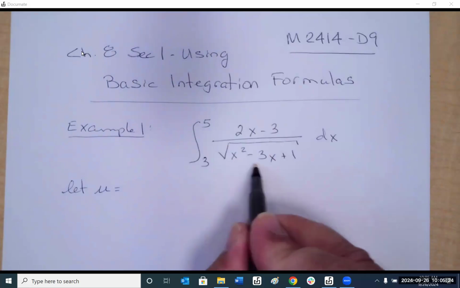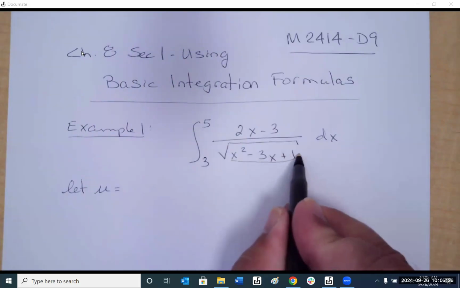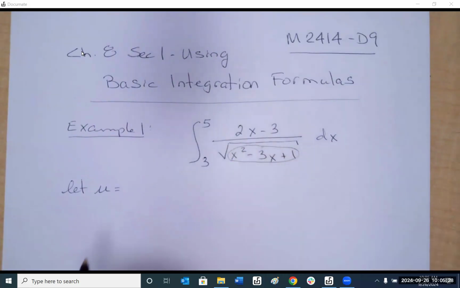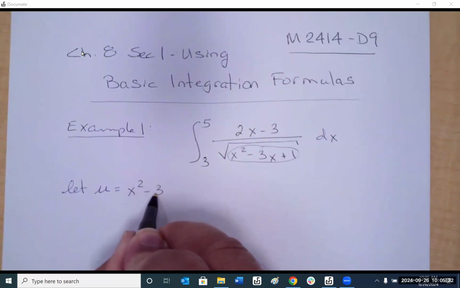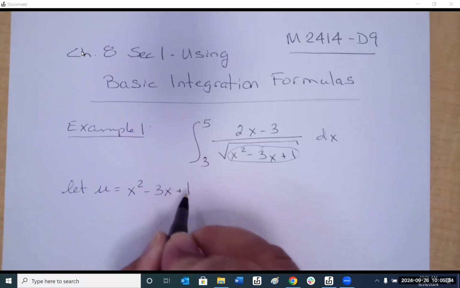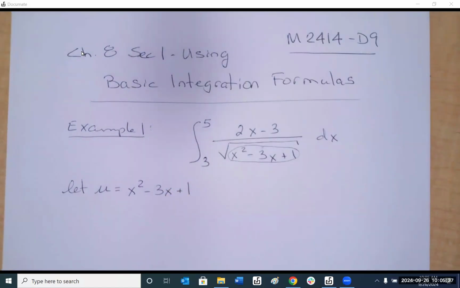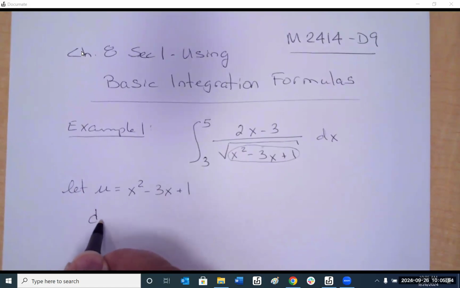Let u be what's inside the radical. The question most commonly asked is, which one do you define as u? Remember, we also have to find du.